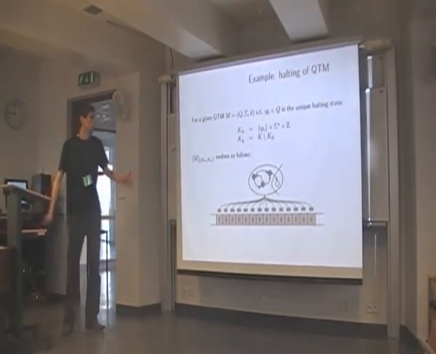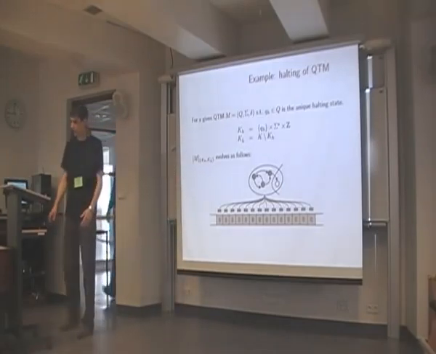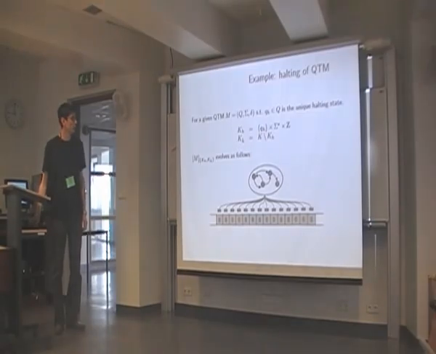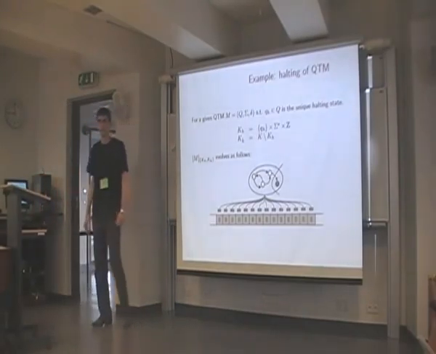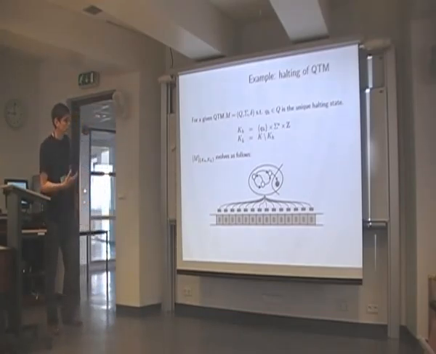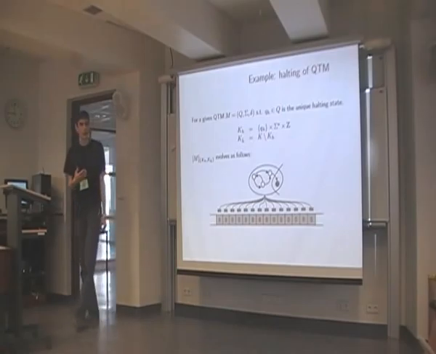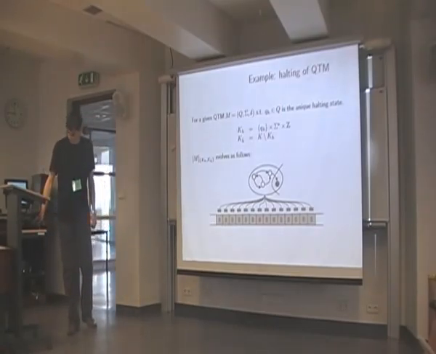So, for instance, during the first measurement, we obtain that the halting state is not reached. Then we apply the transition function of the machine M. Then we measure it again, and here we obtain that the halting state is reached. Okay, so this is something which is very similar to the halting qubit, but here we have a formalization of that using these observed quantum Turing machines.